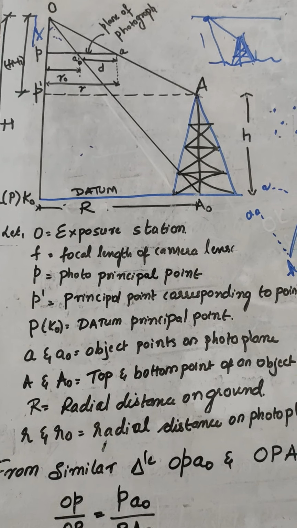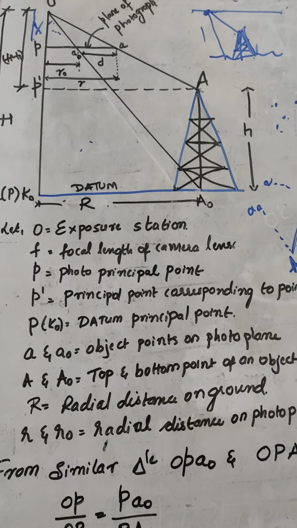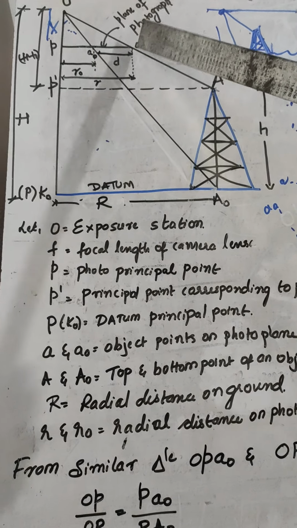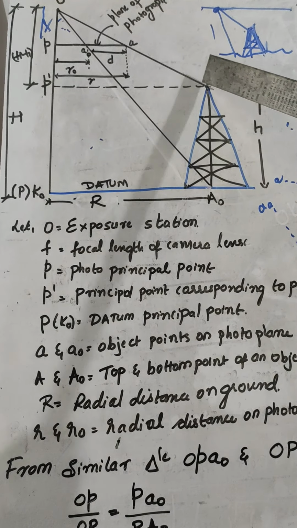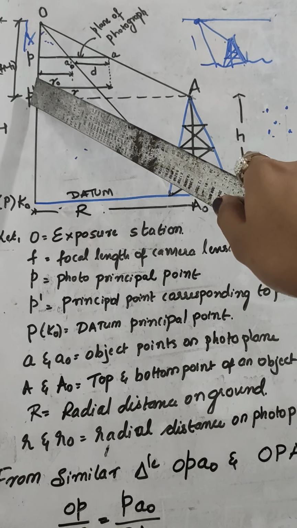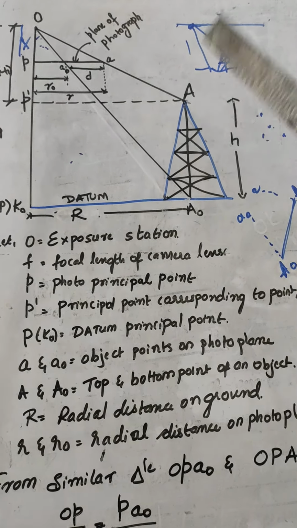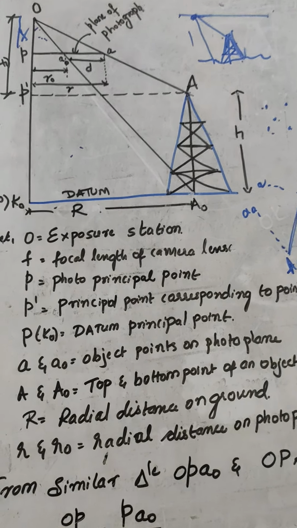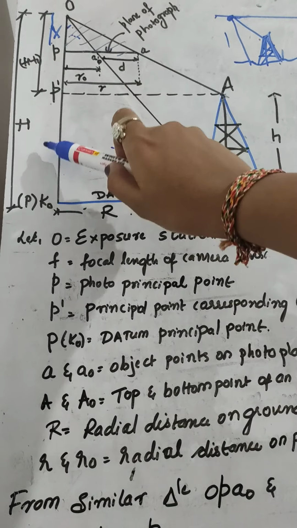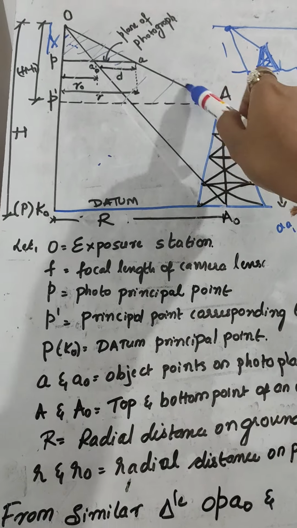Now similarly, we are applying the similar triangle rule for O small p and the top point A, and O, P dash and A. Here we are considering this portion as well as this entire portion.